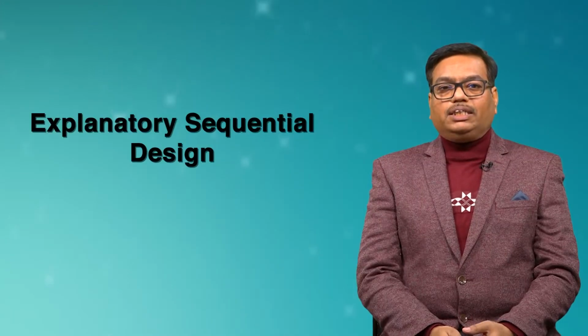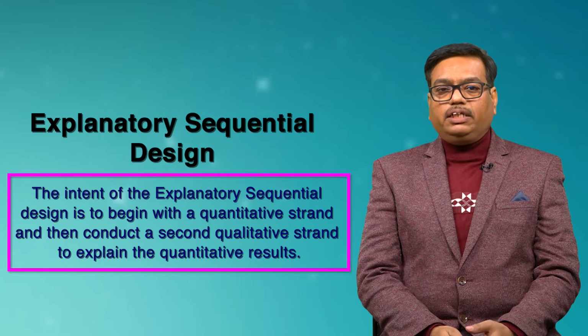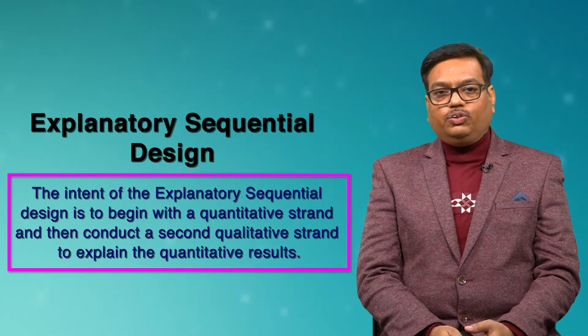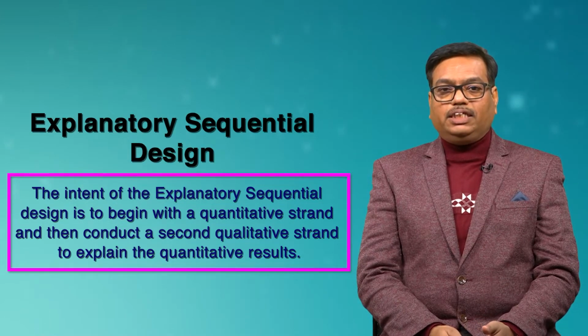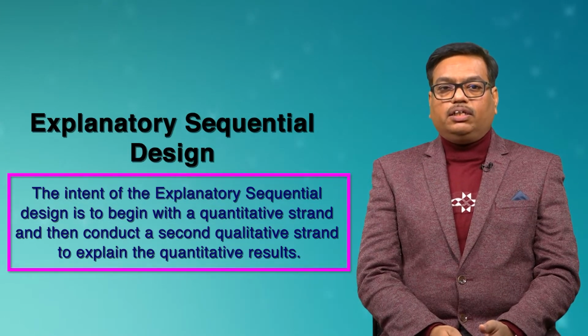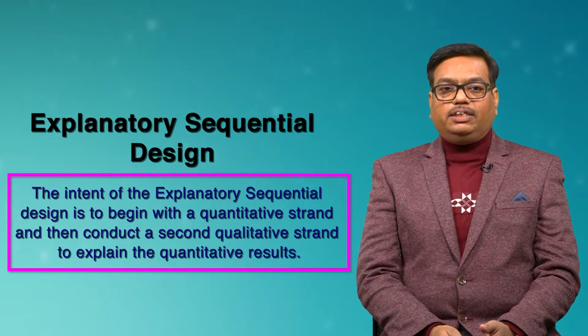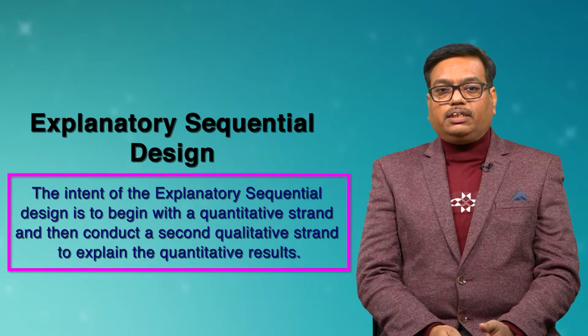The second one is explanatory sequential design. Here you can see two terms, explanatory means going to explain, and sequential means in an order. So, explanatory sequential design is to begin with a quantitative strand and then conduct a second qualitative strand to explain the quantitative results.